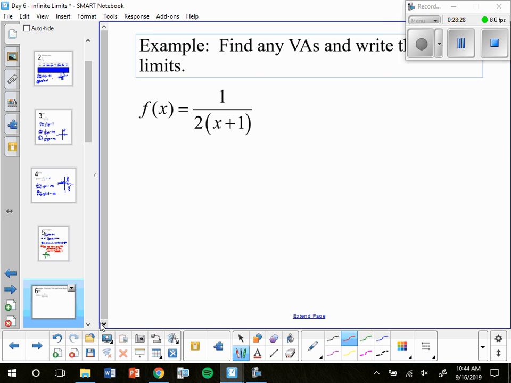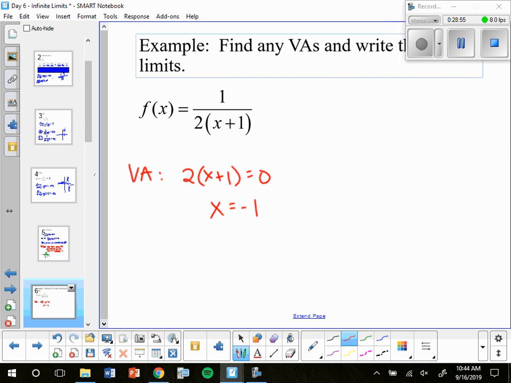Okay, so vertical asymptotes occur where what equals 0? The denominator, when you're dividing by 0, but your top isn't 0. And so to find my vertical asymptote, all I have to do is set my denominator equal to 0. What does x equal? -1. So x equals -1 is a vertical asymptote.